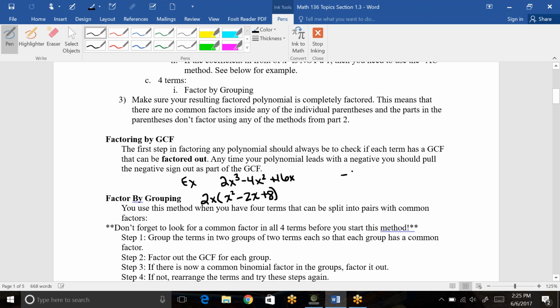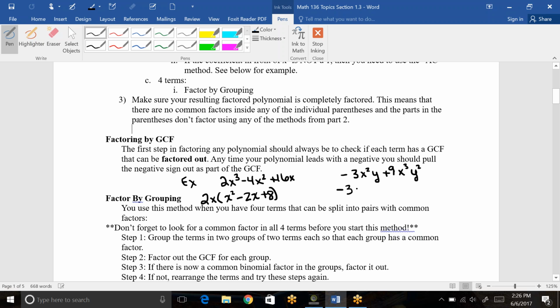If you led with a negative, let's say negative 3x squared y plus 9x cubed y squared, let's say that was my binomial because this is two terms. My GCF here would be not just 3, but negative 3. If it's leading with a negative, I pull it out.